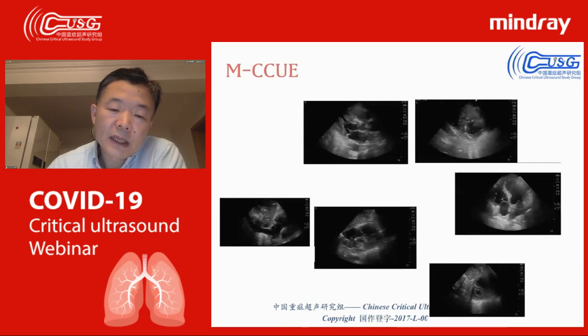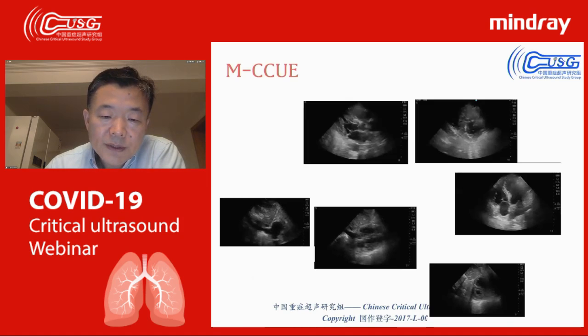They used Professor Xiaoting's published modified CCUE protocol. They gathered some information from the patient. You see the IVC. I think the patient still has spontaneous breathing, and the IVC changed a lot.